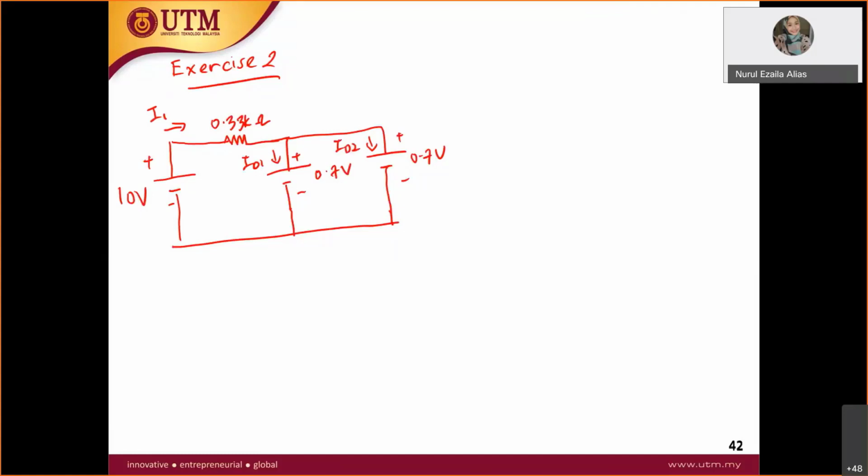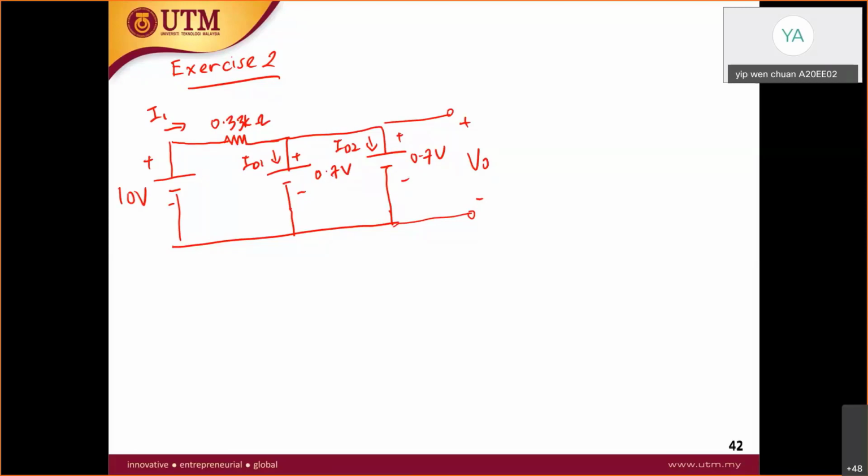My simple question here: can someone give me what is V out? What is the value for V out? Let's do some revision on ECE. 0.7 volt. Correct. Why is it 0.7 volt? Yes, it is in parallel.